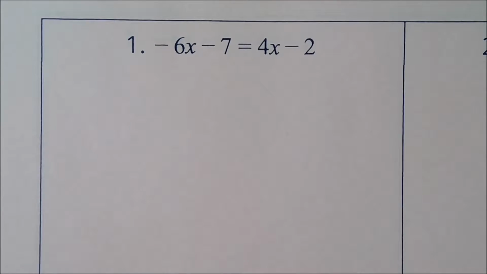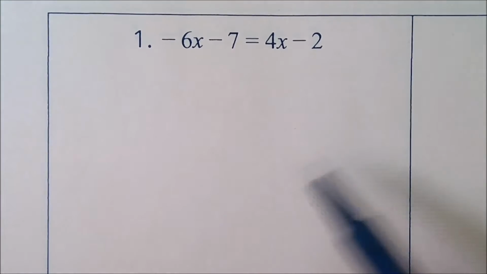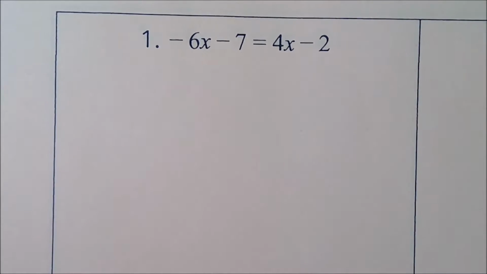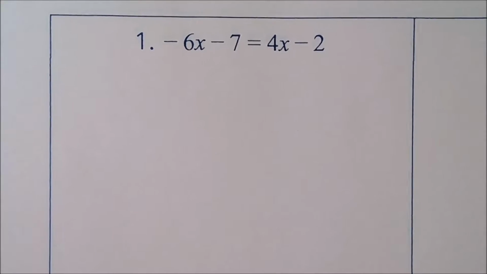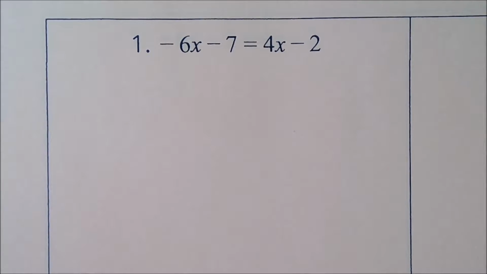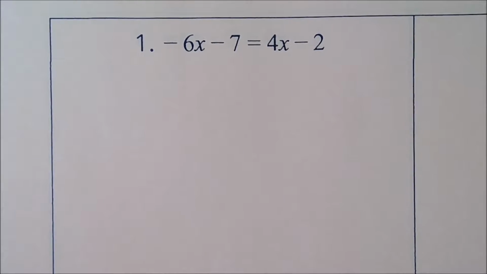Okay, so we're going to begin solving these equations, and you can solve these just how I do. If you see a step that you would prefer to do whatever you would like, make whatever choice you want to make as we solve these.